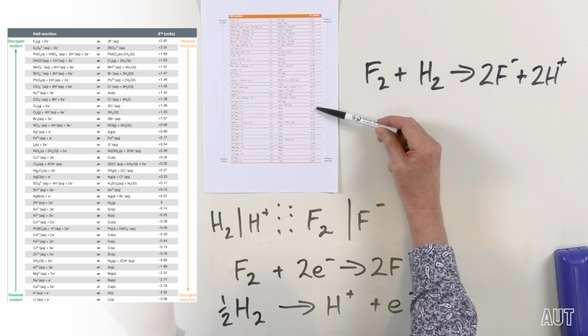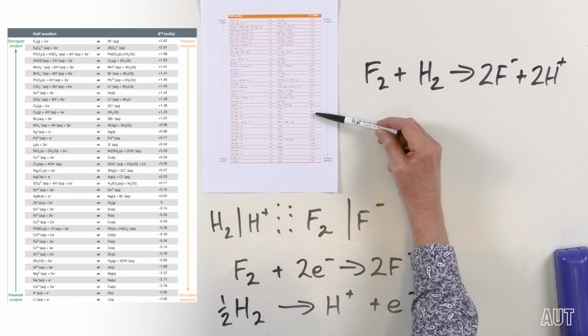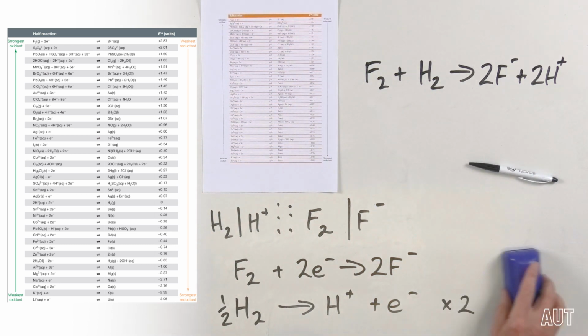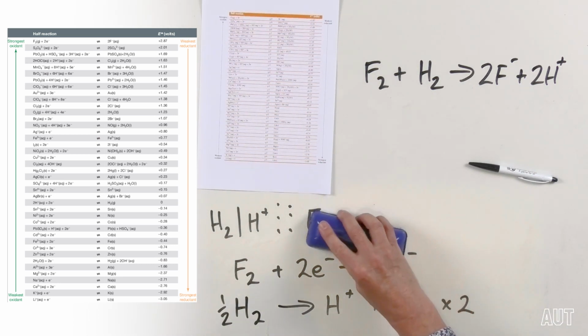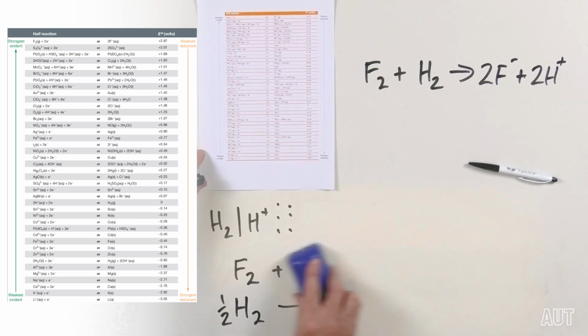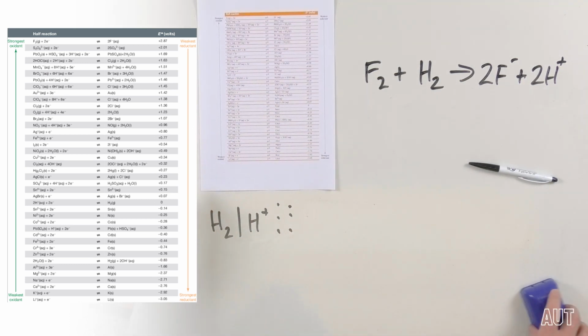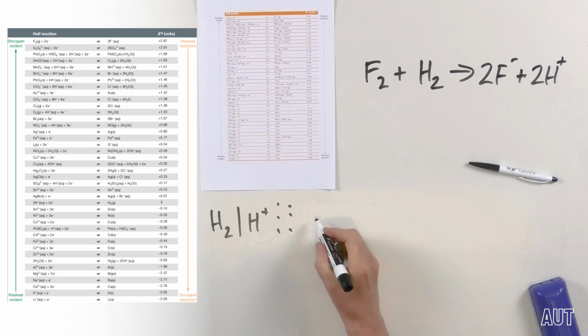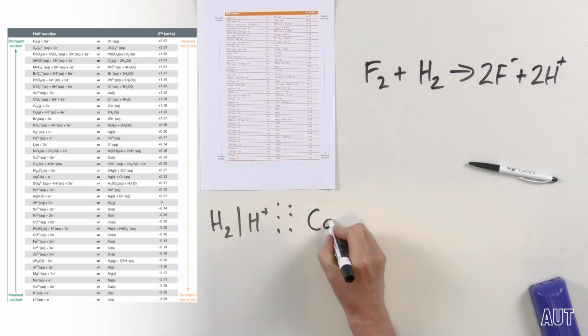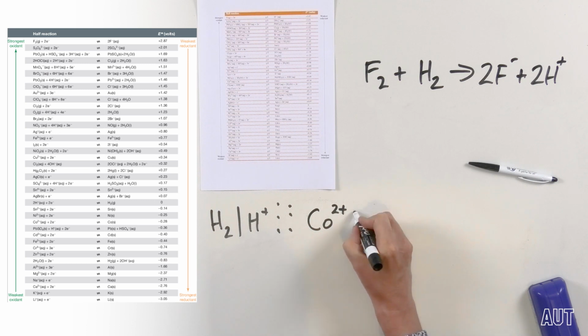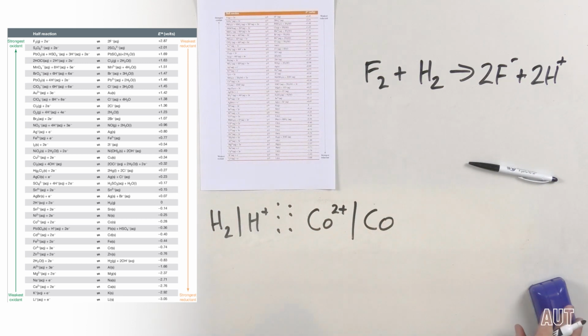And the interesting thing then happens when we go to negative E-naught values. So let's see what that means. Let's say, what do we choose? We'll go cobalt, why not? Cobalt 2 plus. So we will go Co2 plus and cobalt. Let's set up that electrochemical cell.